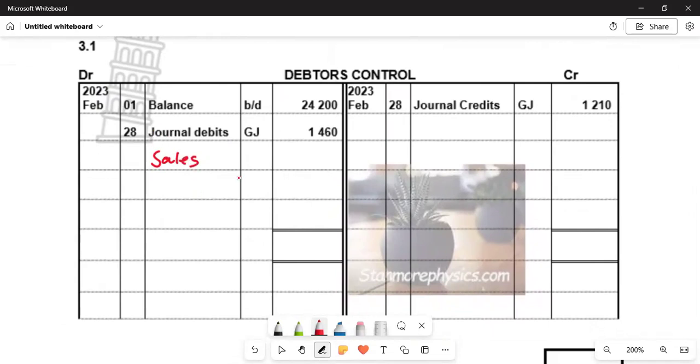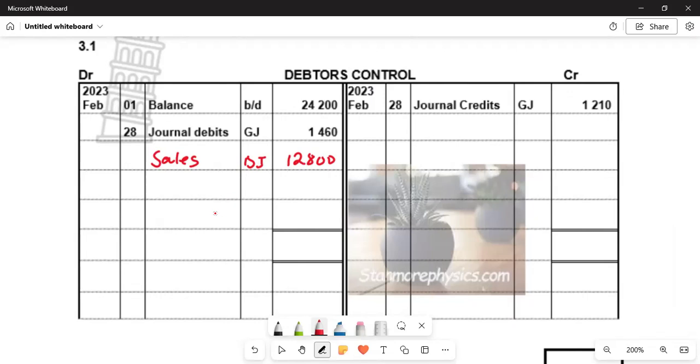Remember we talked about the sales from debtors journal, customers who bought goods on credit. That is going to increase the debit side because customers owe the business more. How much was the sales? 12,800. It was from the debtors journal, DJ. Customers bought on credit.